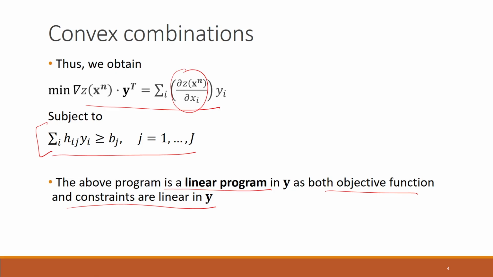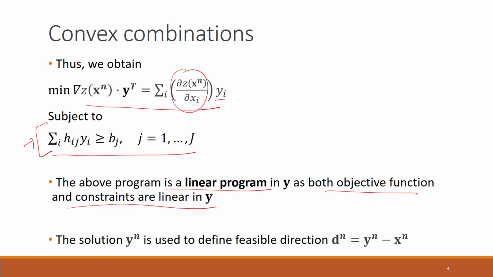So the derivative of that function is also known. So the only thing not known is y. So that is why this is a linear function here and these are anyway linear constraints. So this is good news that this optimization problem to find this variable y is a linear program.